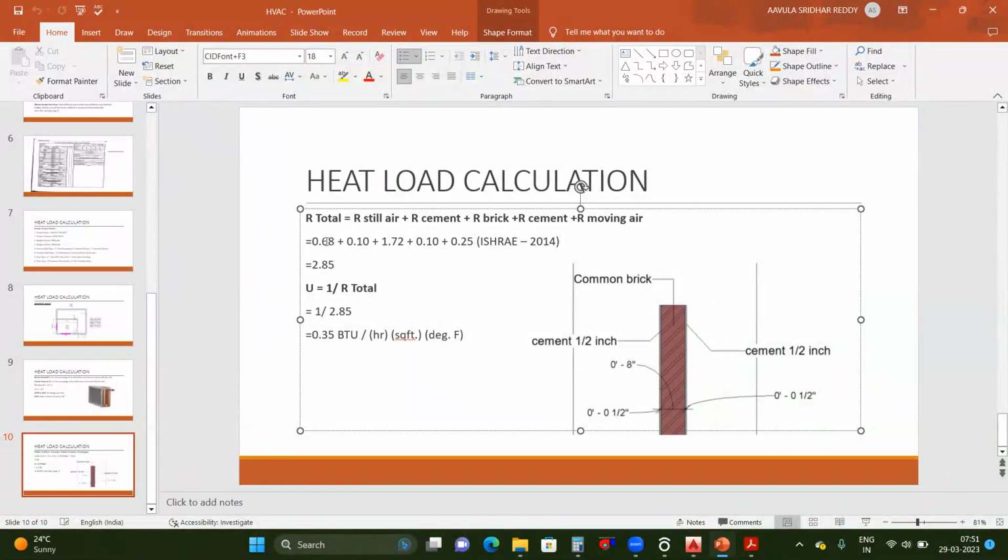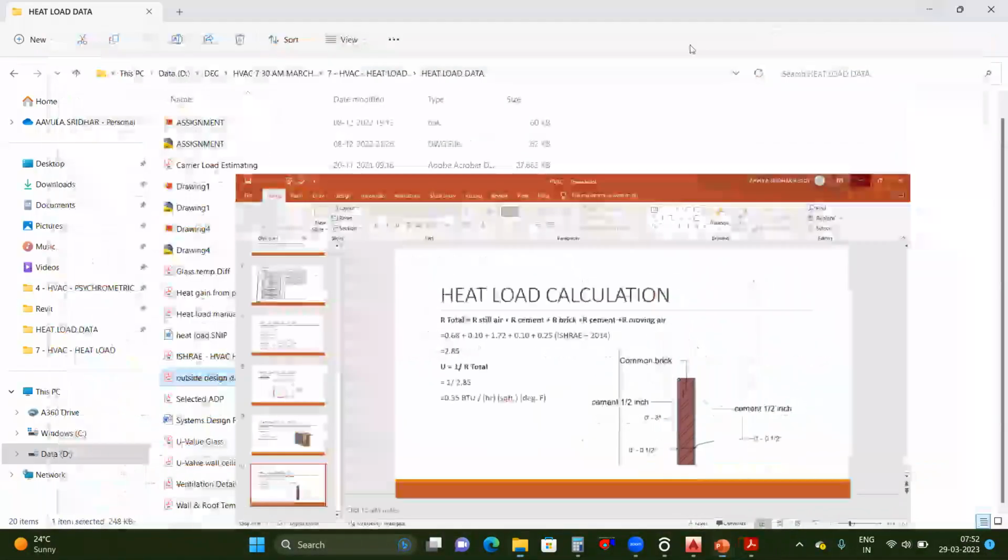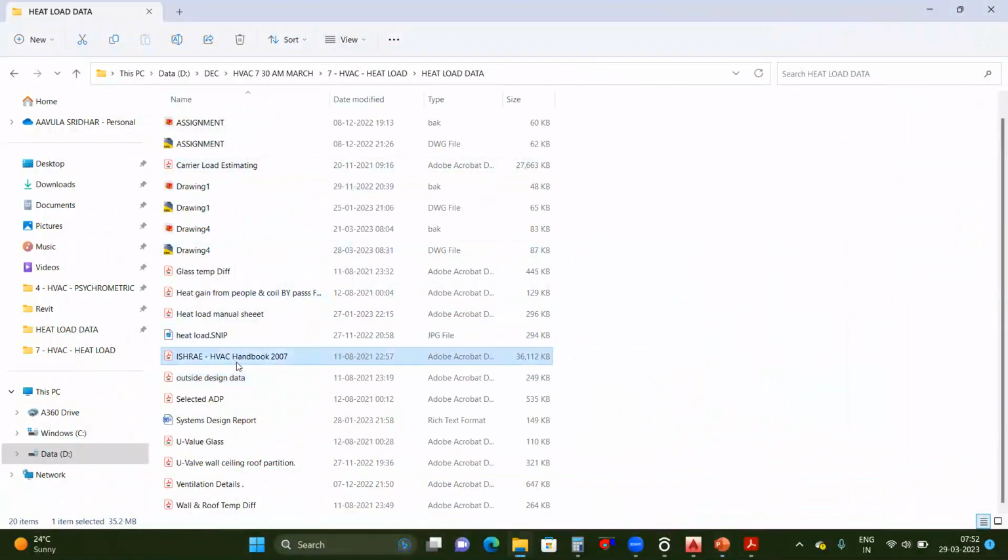When we add all these values, we get 2.85. So U value equals 1 by R, 1 by 2.85. So we understand this calculation, but here we need to take the values, 0.68, 0.10, 1.72. These values we will get from the data book, so I'll open the data book.